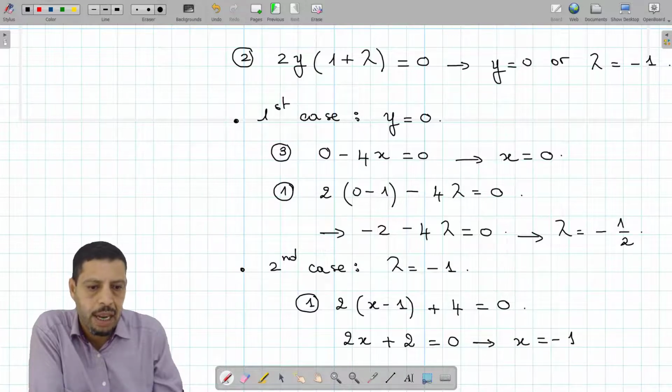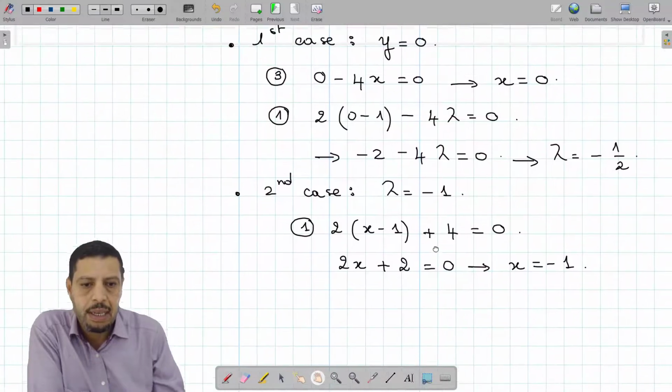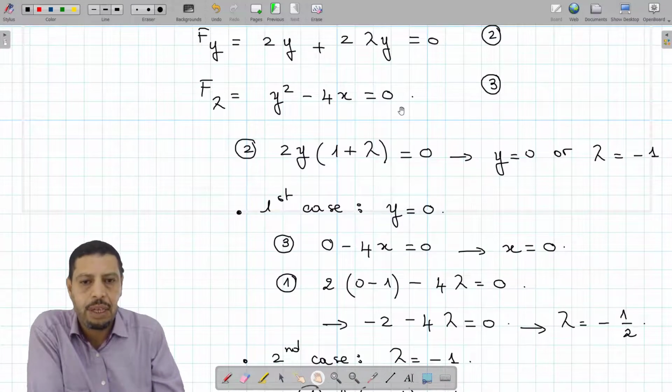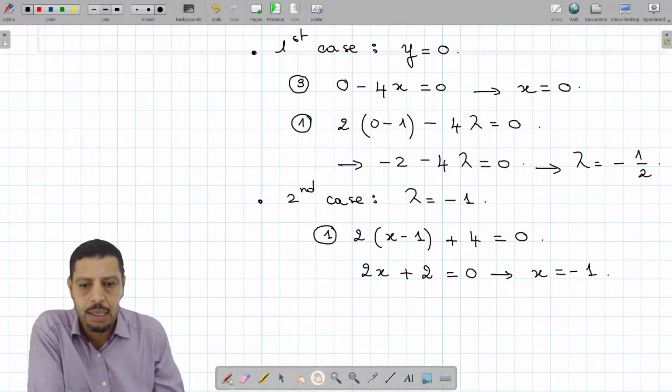So we got the value of x. Now we still need to find the value of y. We'll get the value of y from the third equation. Remember that the third equation is y squared minus 4x equals 0, and we have the x. So let's substitute the x by its value.